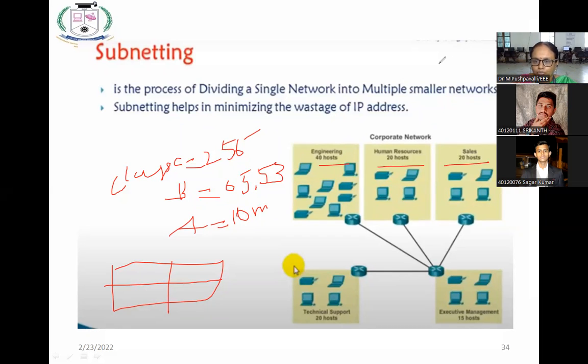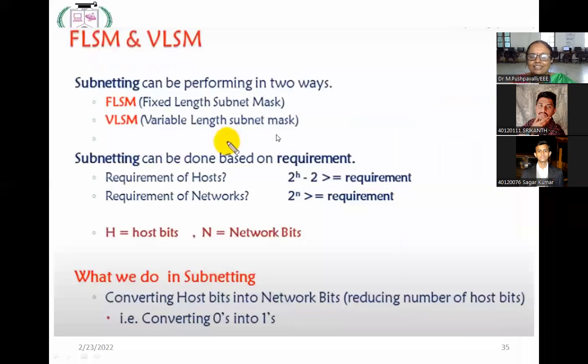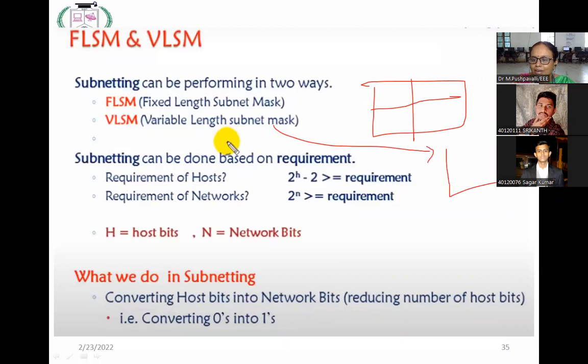Now, in that we have two methods: fixed length subnet mask and variable length subnet mask. You all understand fixed length means, for example, it is 256, definitely we have a splitting of 50, 50, 50 there. But when you go with variable length subnet mask, it means we have some more length, it's not equal.